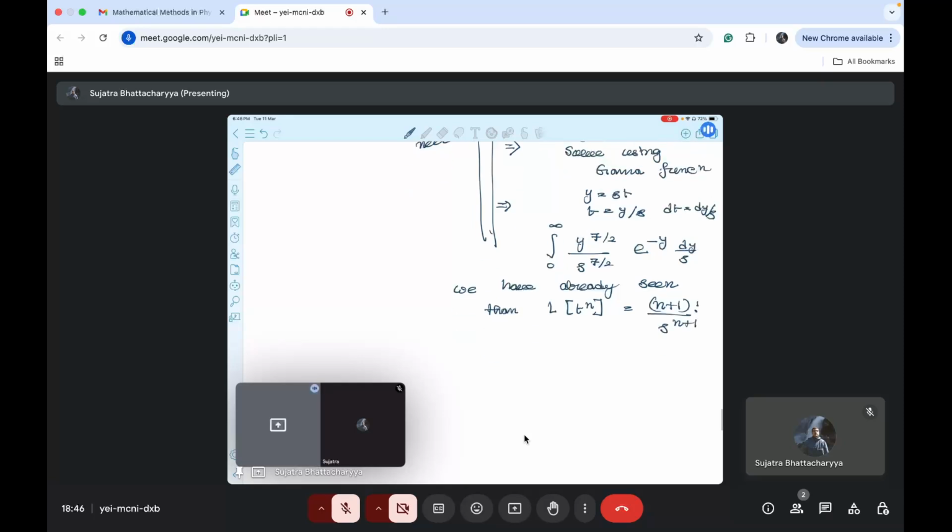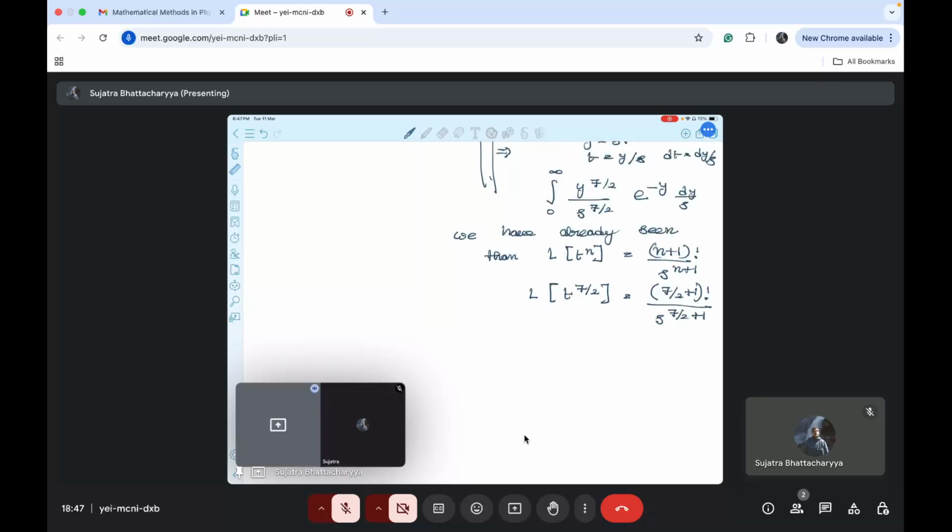Just write that. So the Laplace transform of t to the power 7 by 2 will be equal to what? 7 by 2 plus 1 factorial divided by s to the power 7 by 2 plus 1. Okay? Now, if you say that 7 by 2 plus 1 factorial, how do we calculate?